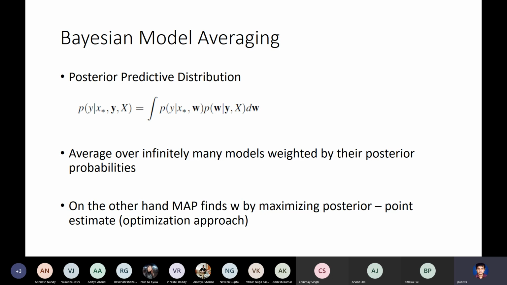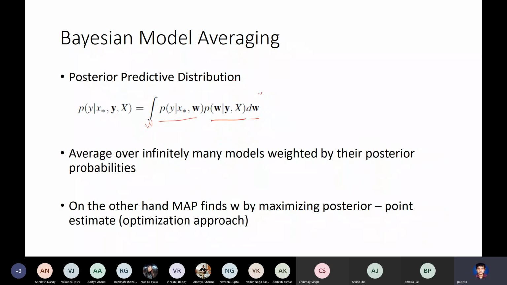And this is not just an average, it is a weighted average where the weight is the probability of that particular value of w being correct given the input training data set. So this term is the weight, and this, fixing w, is the predictive distribution of output. This into this weight is added up over all possible values of w.